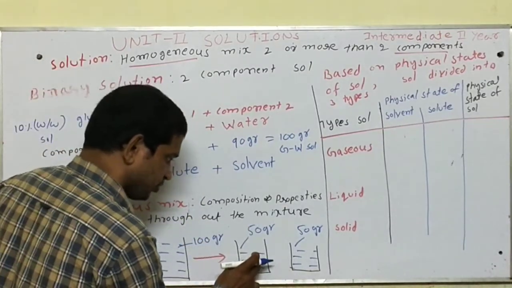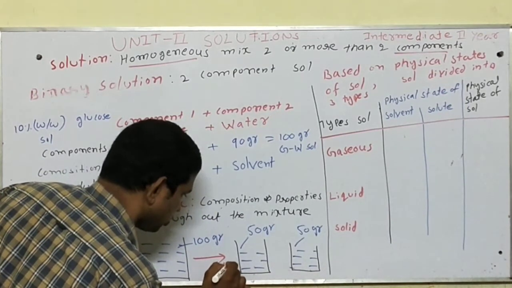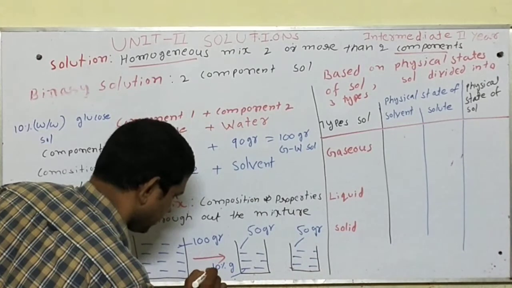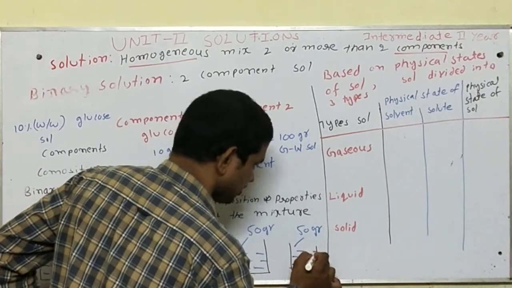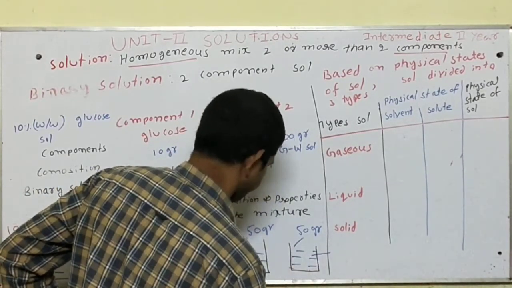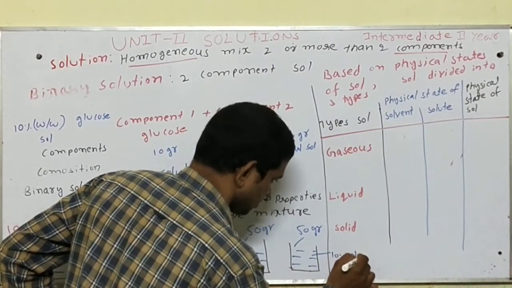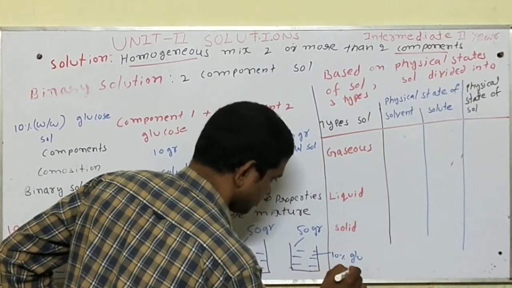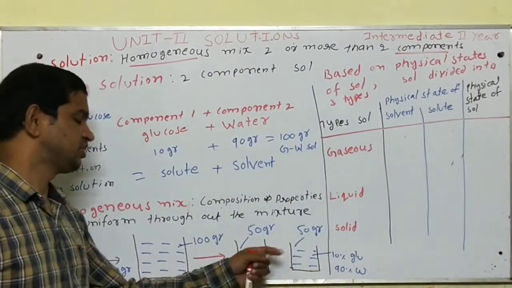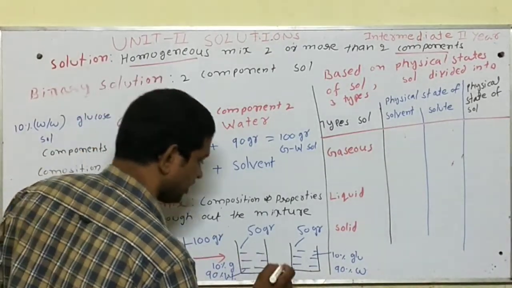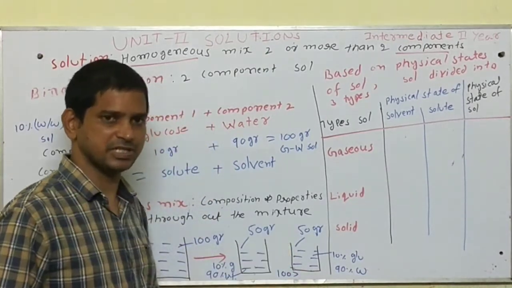If we check the composition, here it is 10% glucose and 90% water. If we check the composition in the second beaker also, 10% glucose and 90% water. And if we check the boiling points of these two, this will be greater than 100 degrees centigrade, because water boiling temperature is 100 degrees centigrade.